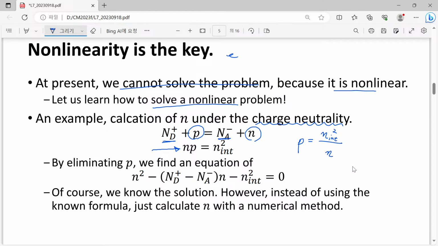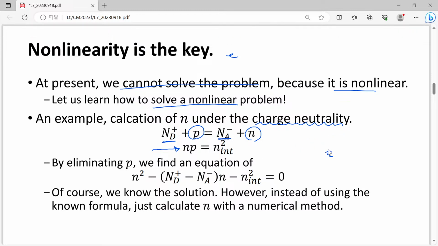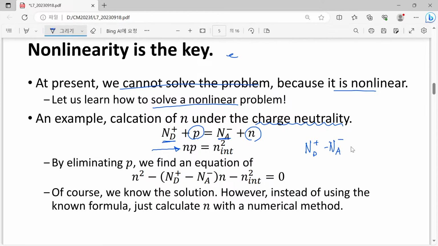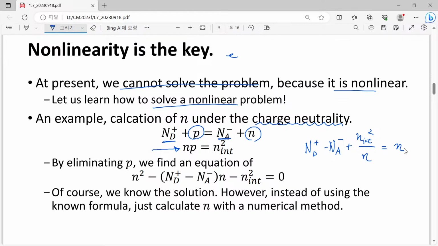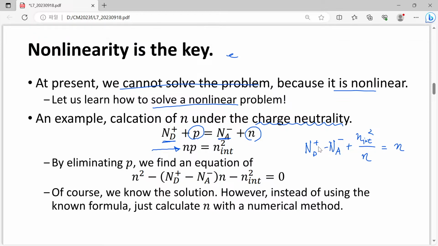Then please insert it. What you get is now simply given by this form: Nd plus minus Na minus plus n intrinsic carrier density divided by n equal to n. Are you with me? Then we can multiply n to the right hand side and left hand side all together.